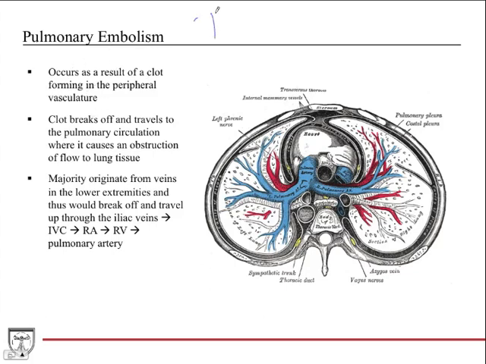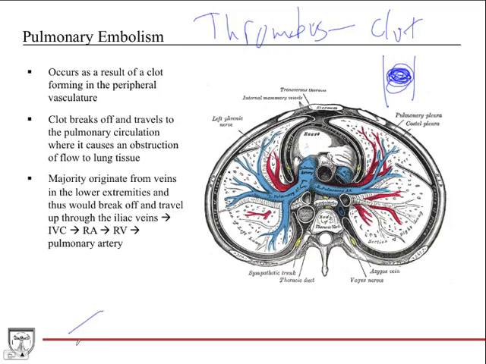So you have a thrombus, just some basic vocabulary. A thrombus is a clot that forms in a vessel, okay, and it stays there. An example of a thrombus would be a myocardial infarction, a heart attack. So a thrombus would be a clot in the coronary arteries that blocks coronary flow, and that causes a heart attack. Versus an embolus.